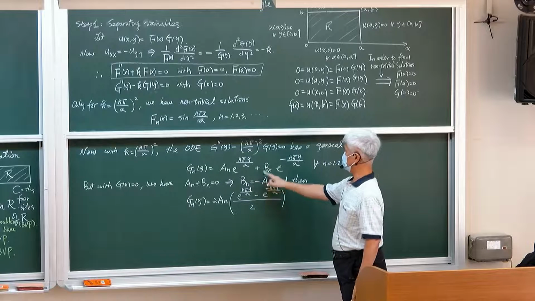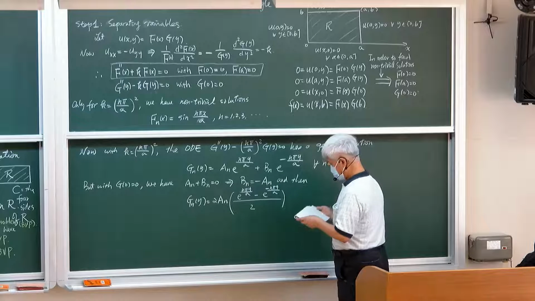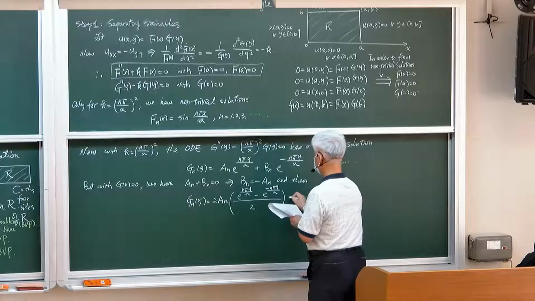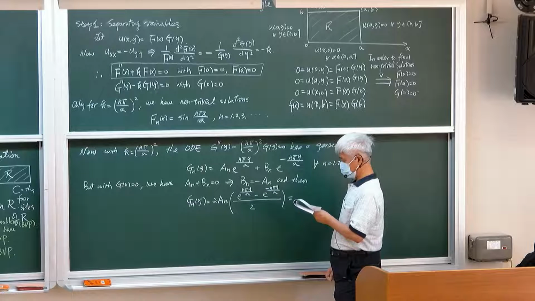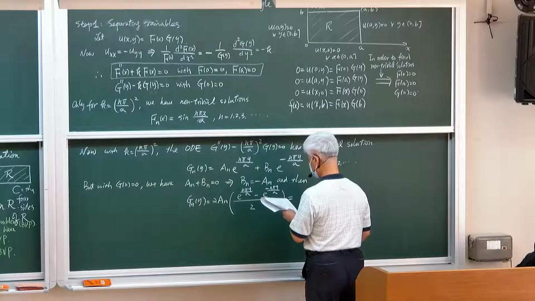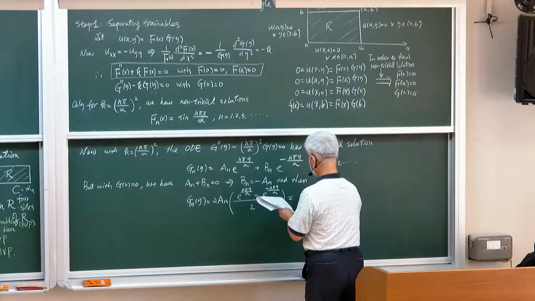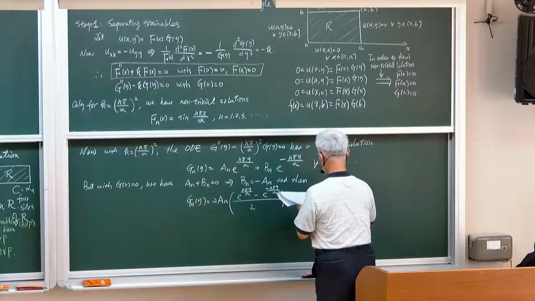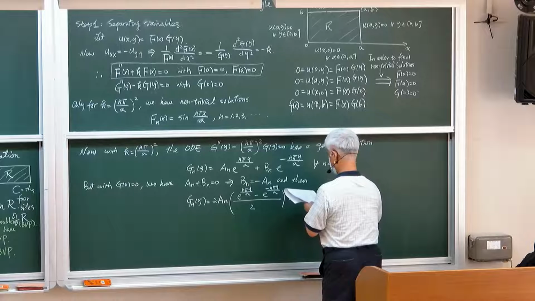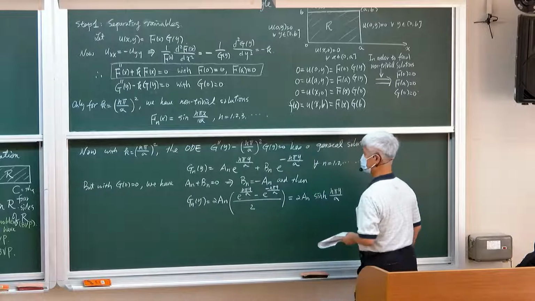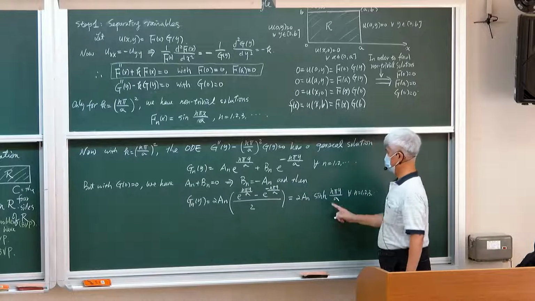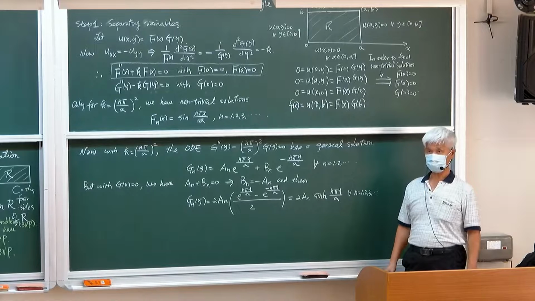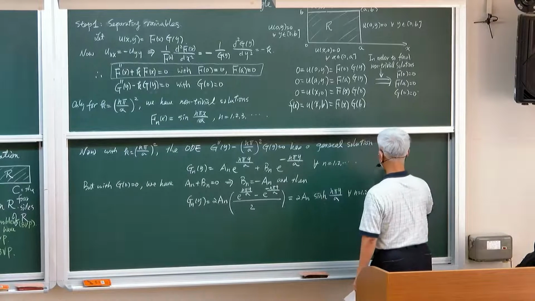Because bn is minus an, this number is the hyperbolic sine. So this is 2an sinh of m pi y over a, for all n. Right, so we have a hyperbolic sine here.